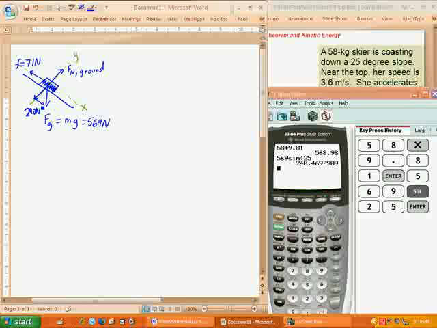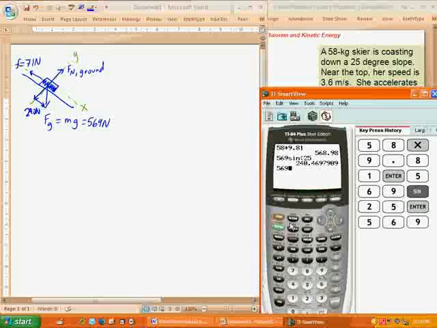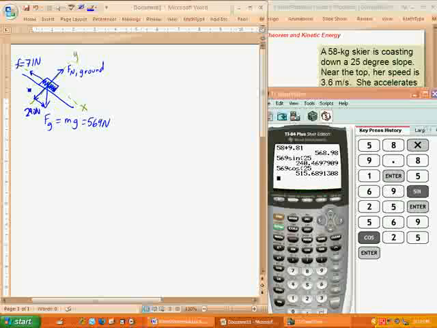And then the y component is 569 cosine of 25, so about 516 newtons. And so we can see that the x component of gravity is greater than the x component of friction, and that's why she's sliding down the slope.